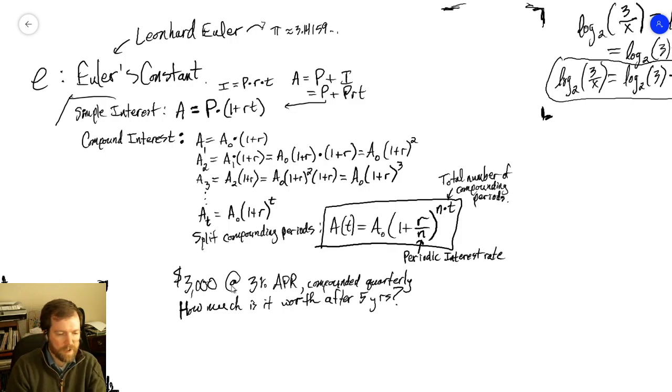So if we multiply 3,000 by 0.0075, we are going to gain $22.50 off of the first quarter in interest. And then if we do the same thing, we take $3,022.50 and we multiply by 0.0075 again.